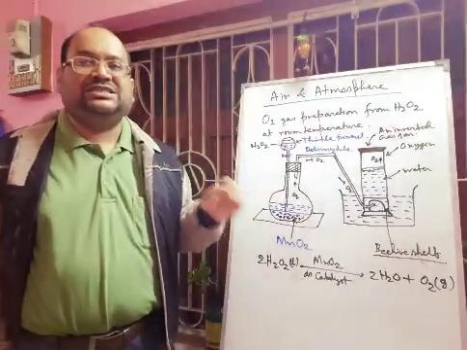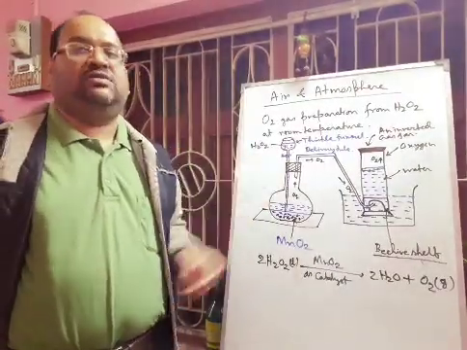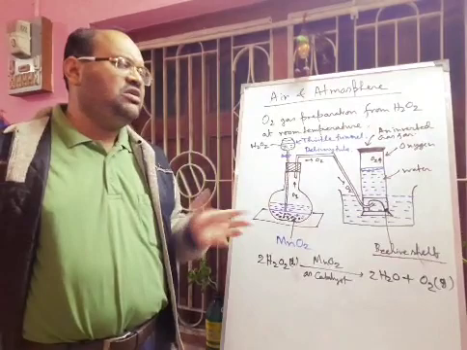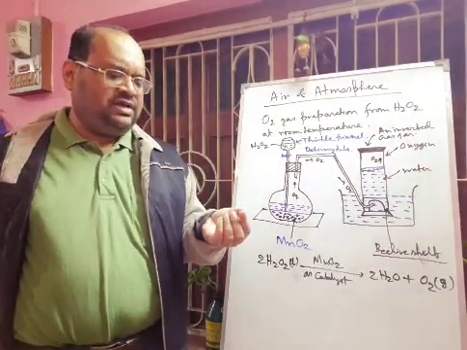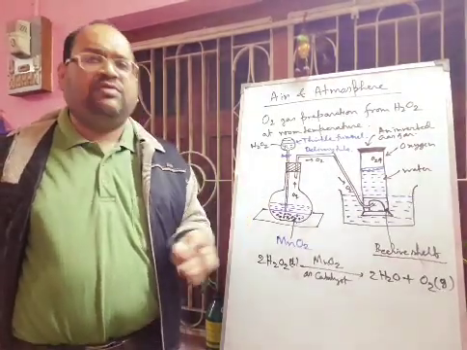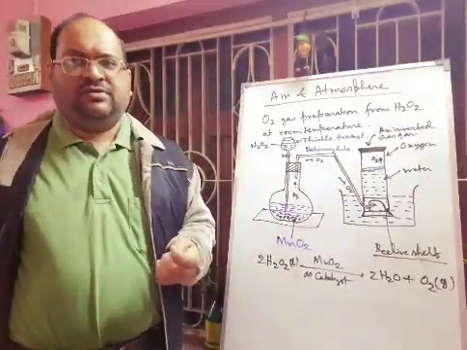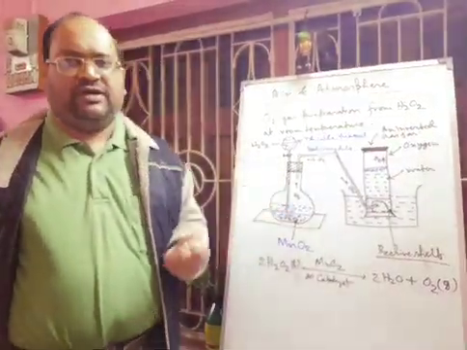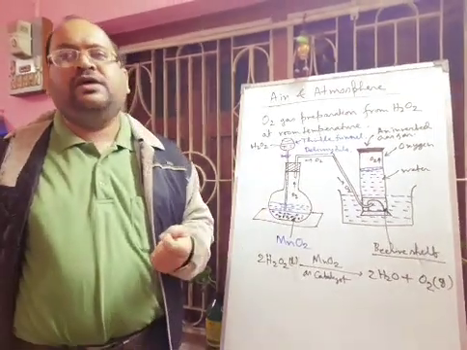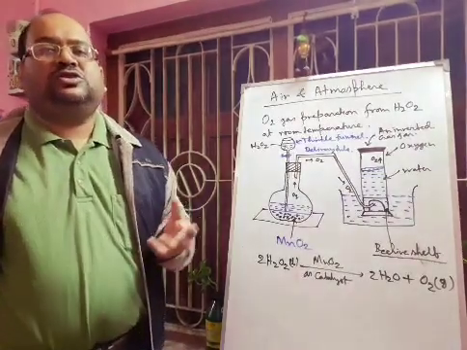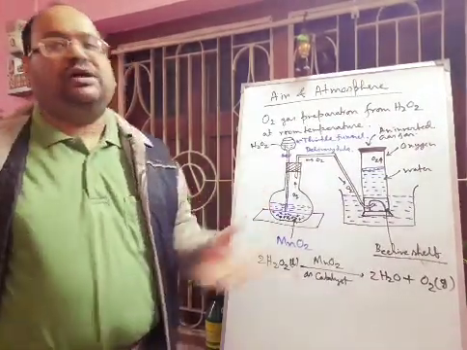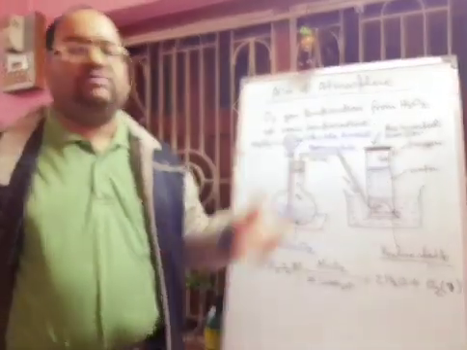Otherwise, as oxygen is only slightly heavier, there will be mixing of air and oxygen. And when there is even a little flame or spark, an air and oxygen mixture can catch fire. It will not burst, it will catch fire. So this is not fruitful, and you have to collect the oxygen gas by downward displacement of water.